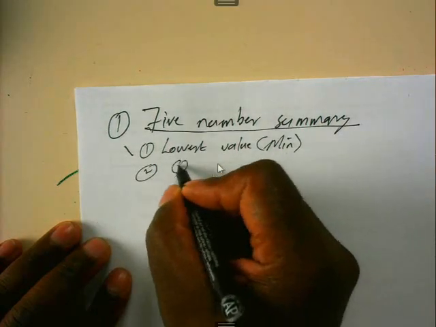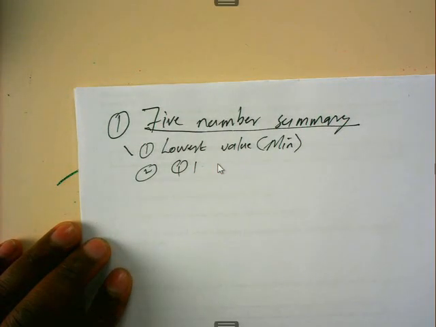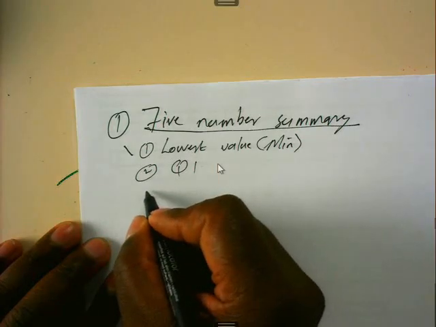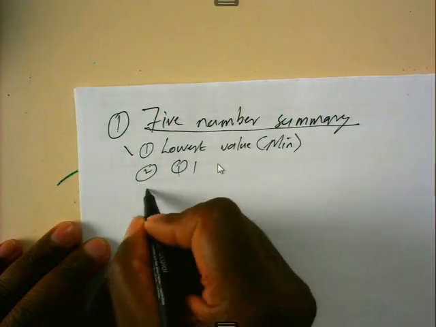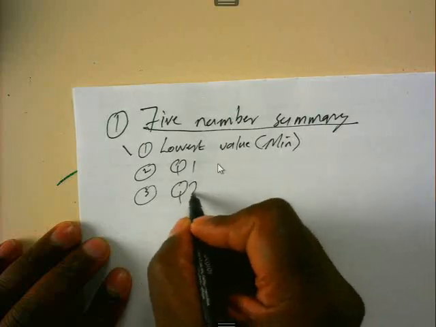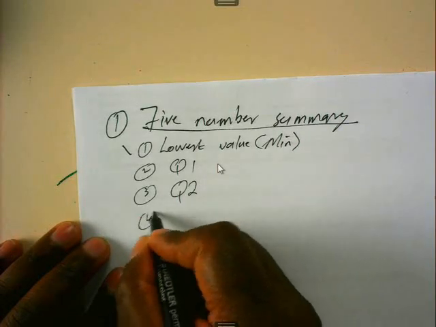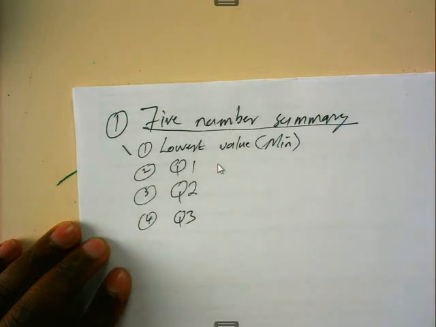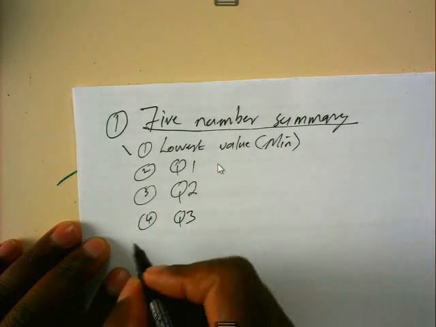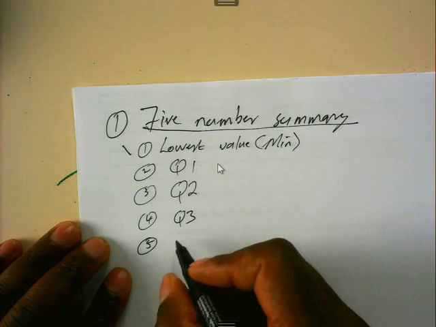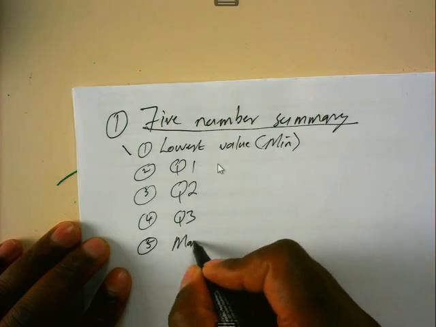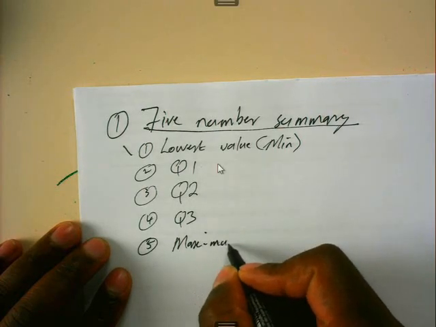We've got Q1, quartile 1, which we call the lower quartile. We've got quartile 2, Q2, which we call the median. We have quartile 3, which we call the upper quartile. And lastly, the 5th number, we've got the maximum value.